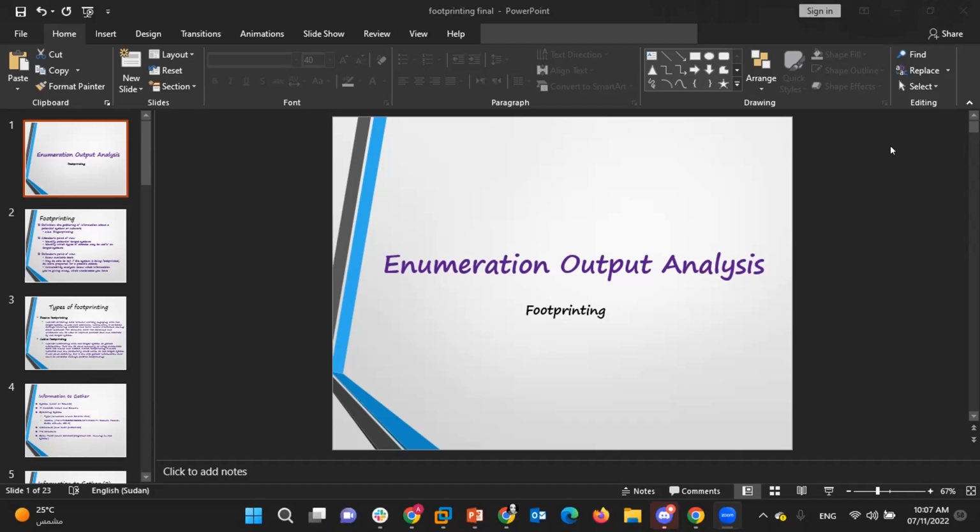Okay, he will scan completely, level by level, for individuals and organizations to obtain and collect the necessary information. Okay, what is this information?